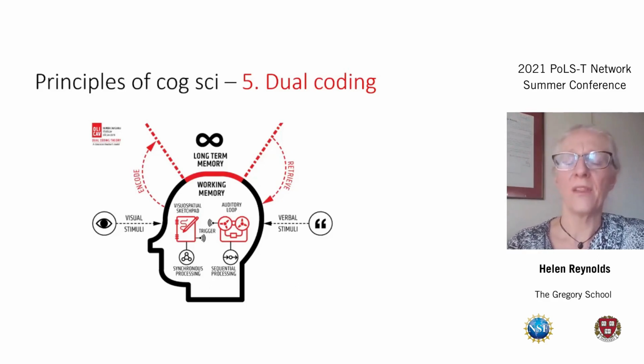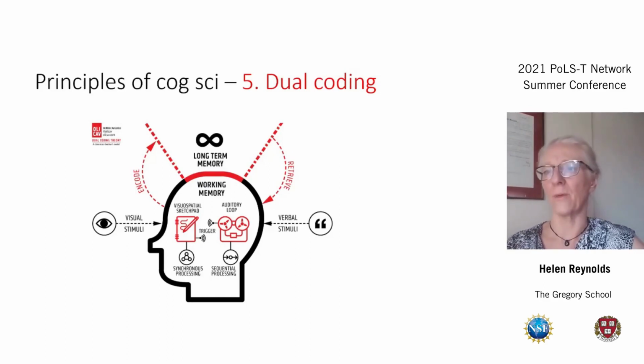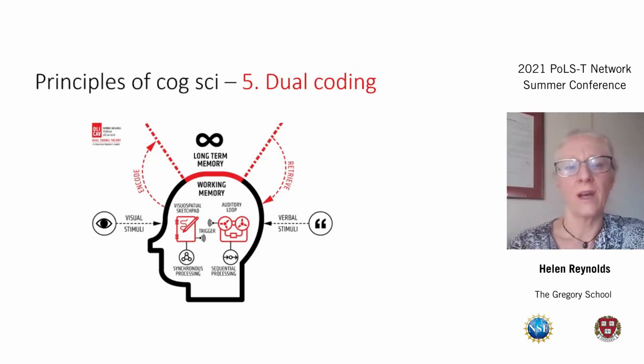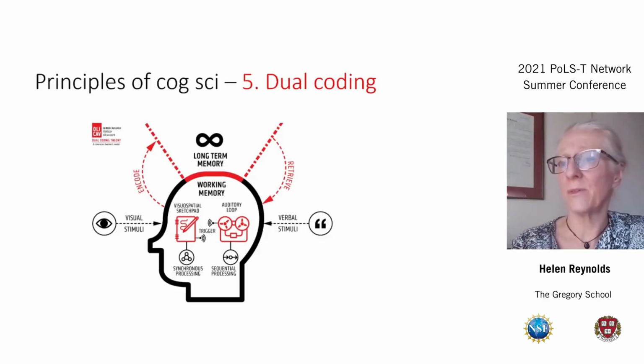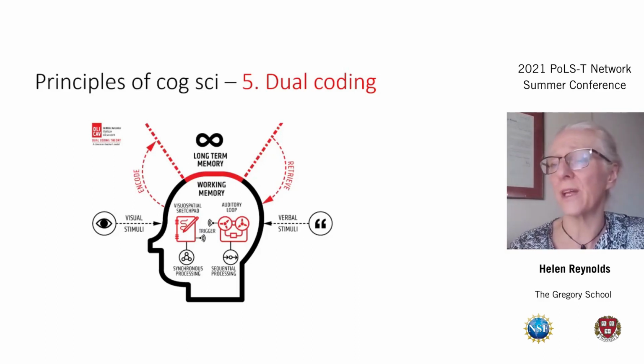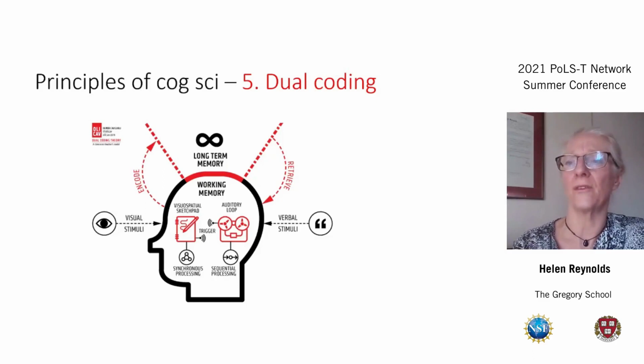But if you have words coming in from the verbal side, orally or written, and images via the visual channel, then you are able to deal with twice as much stuff, basically, which means that it helps you to encode faster into your infinite long-term memory, and then that will make it easier to retrieve, because when you've built a schema, your schema then includes images as well as words.